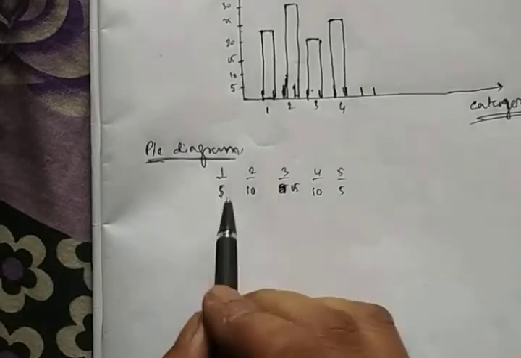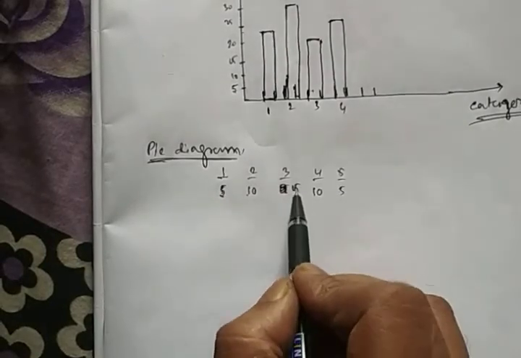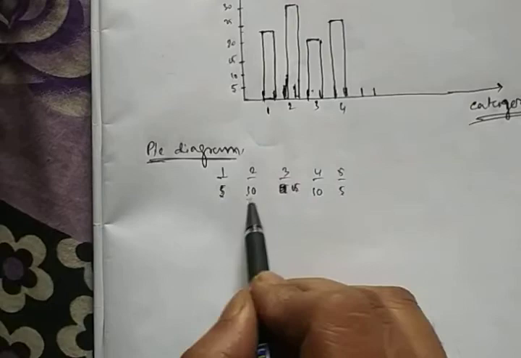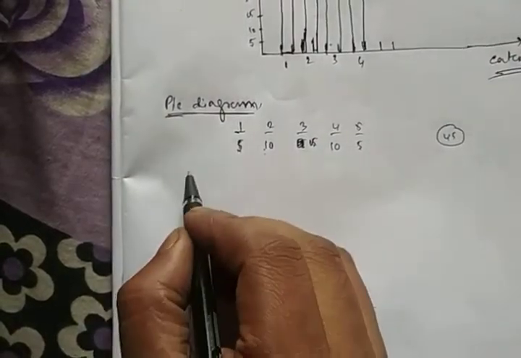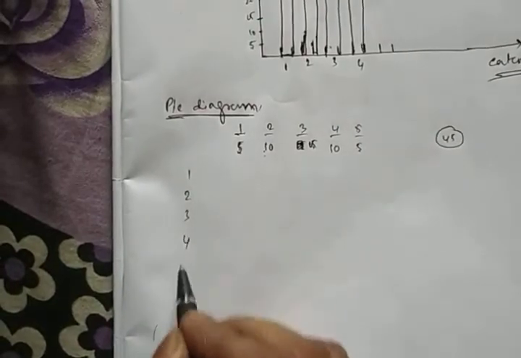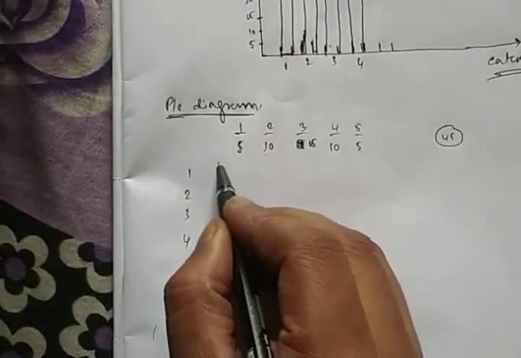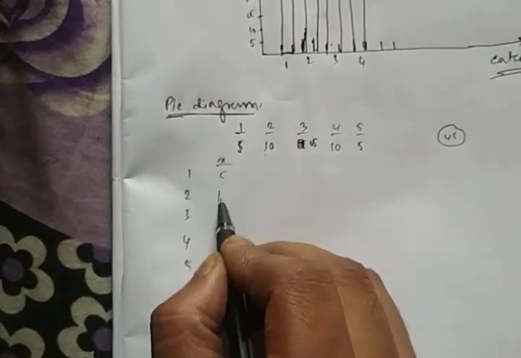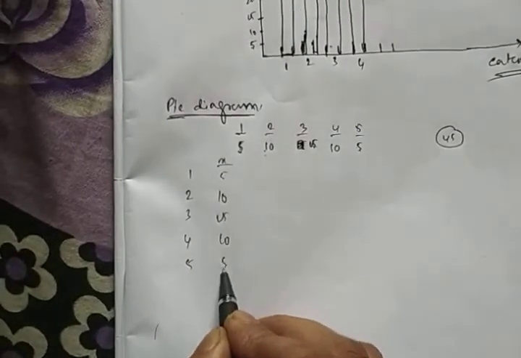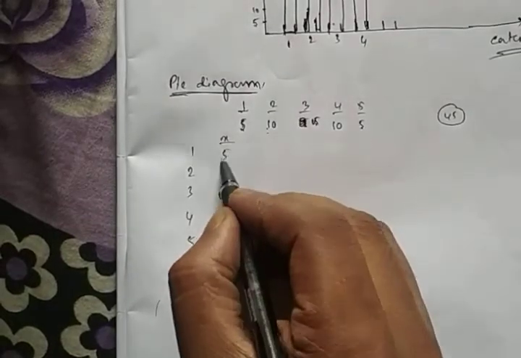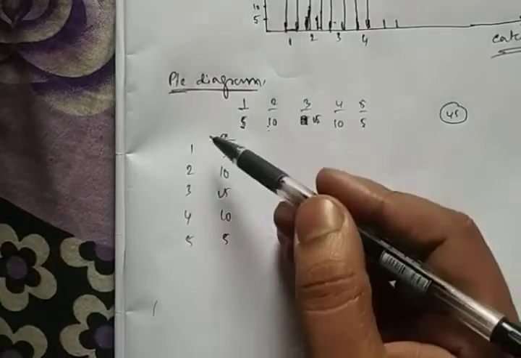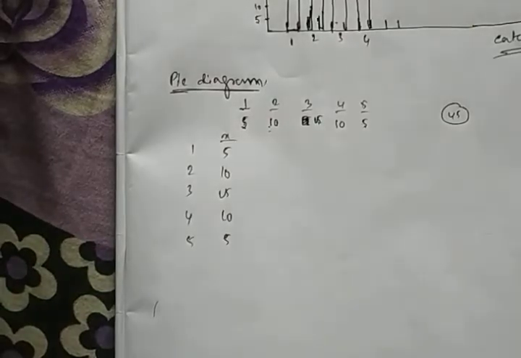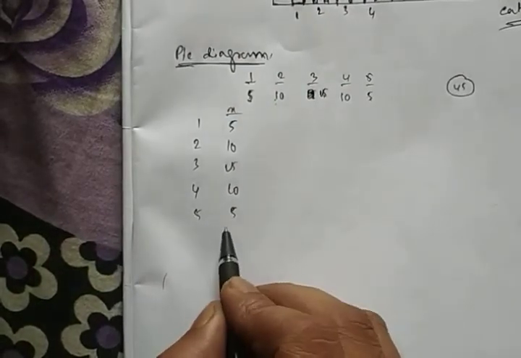Now, the total value of the variable is 5 plus 10 plus 15 plus 10 plus 5, so the total is 45. If we set it in a table form, the observations are 5 and the corresponding values x are 5, 10, 15, 10, 5. We have to calculate the angle corresponding to these values. So the total value is 45.